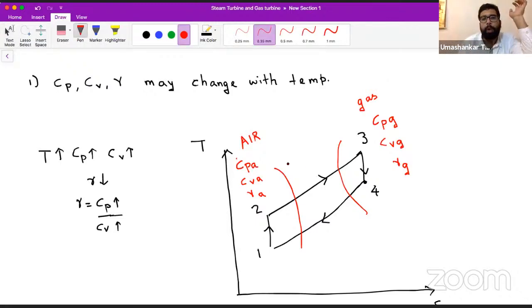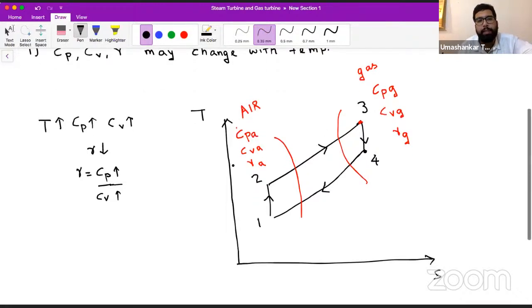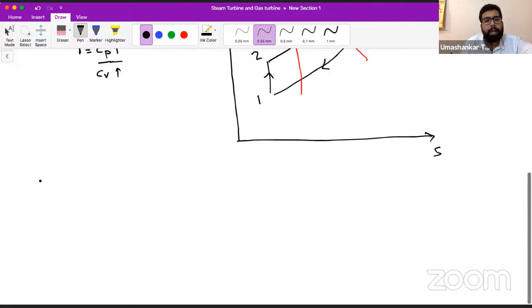So at this 3 point, if we consider that also, the mass flow rate will also increase. So is it clear till this point? If Cp, Cv, gamma change, what you have to do when you call it air and when you call it gas, let's try to understand this with the second variation of the combustion chamber.